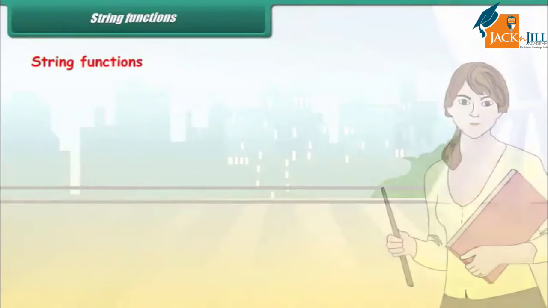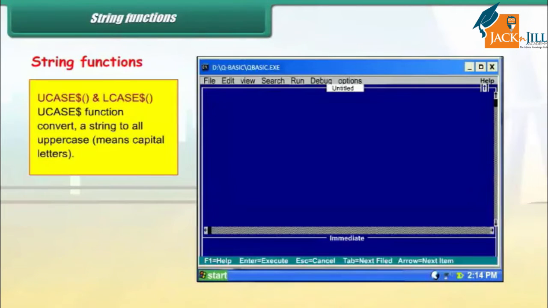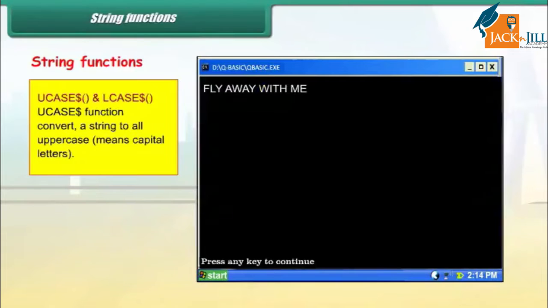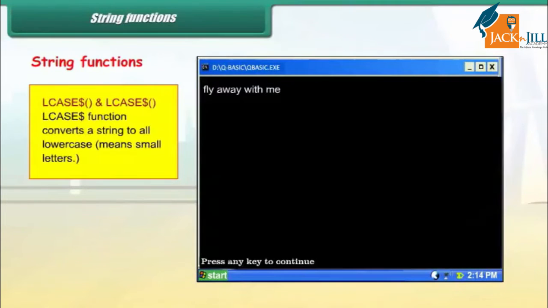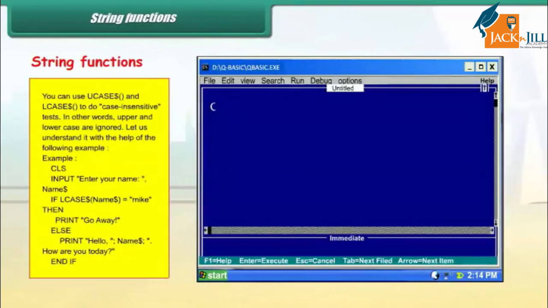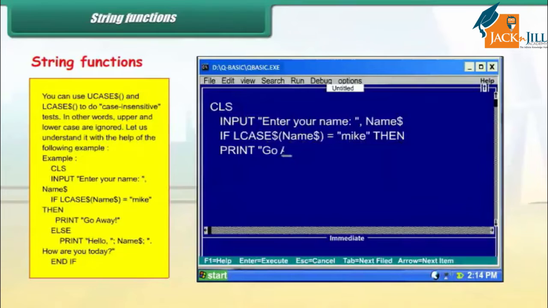UCASE$ and LCASE$. The UCASE$ function converts a string to all uppercase or capital letters. The LCASE$ function converts a string to all lowercase or small letters. You can use UCASE$ and LCASE$ to do case-insensitive tests.